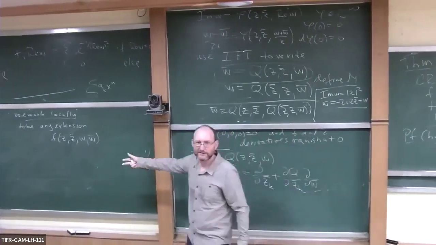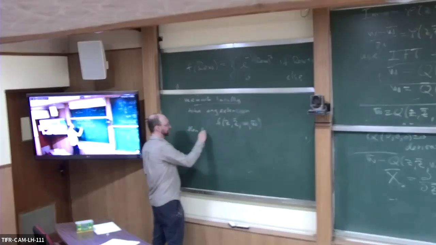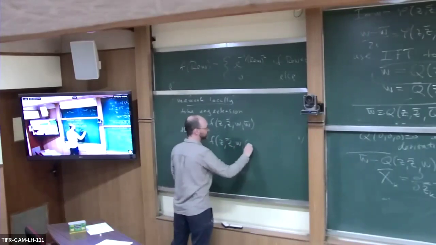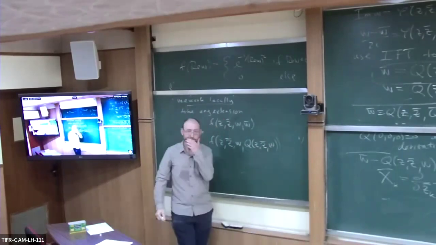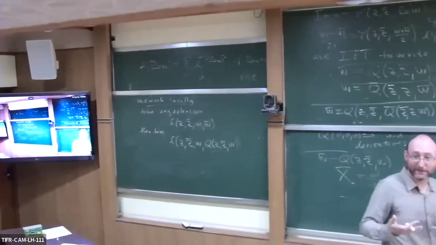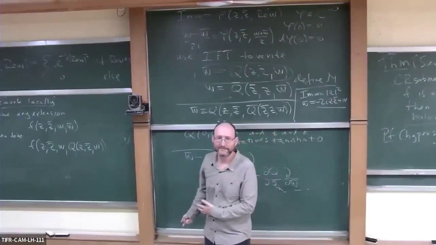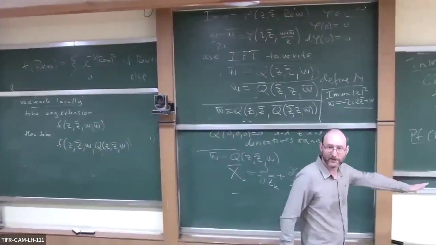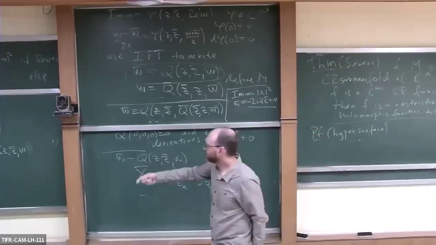So that's what we're going to do. And you have to really think about what's happening, because the W bar is really independent of W, right? So now there's no more W bar. It's great. We have a holomorphic function in W, not yet in the Z's, right?